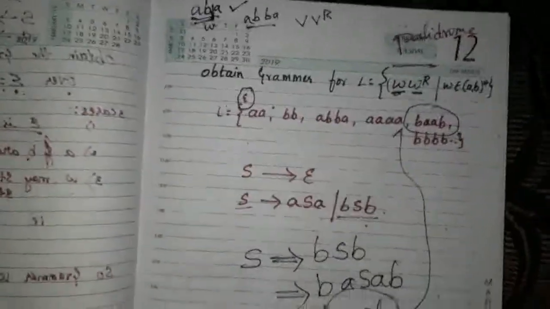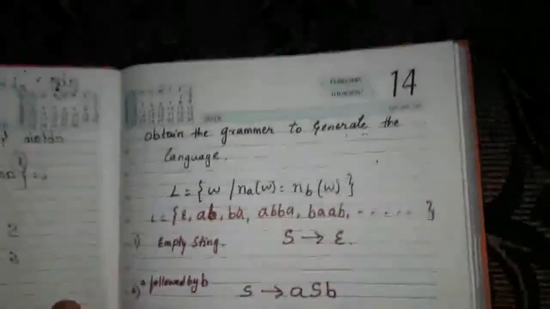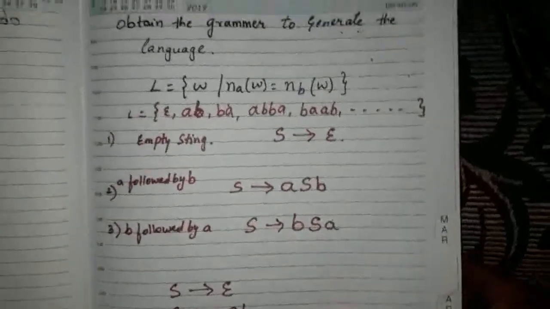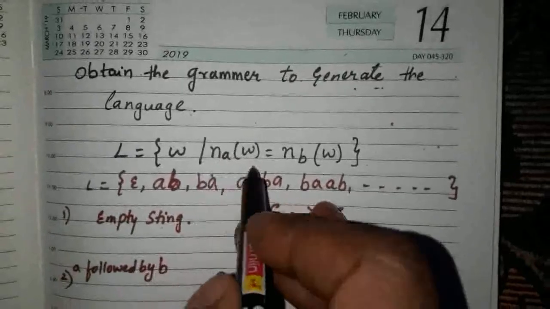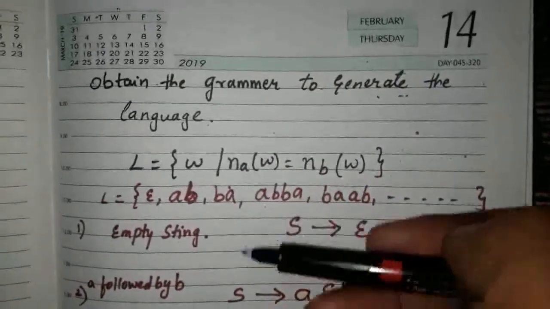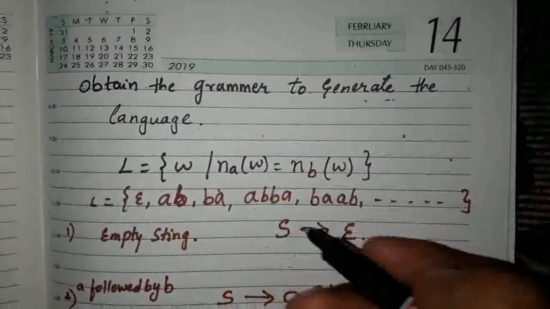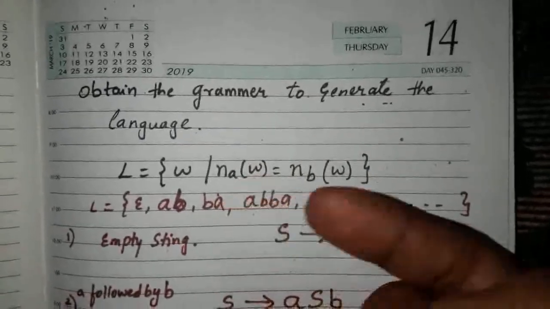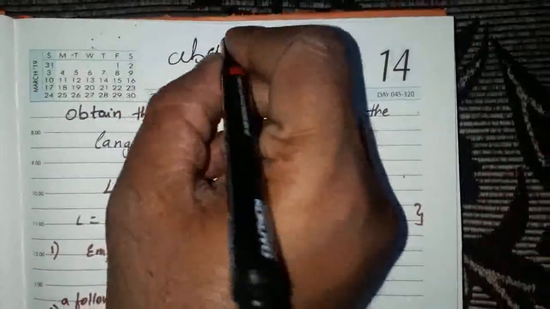So we'll go to the third type of palindrome, and this is not exactly a palindrome, but what it says is the number of A's in the string should be equal to the number of B's. Palindrome is a part of it, that's it, but this is not a palindrome exactly. For example, I'll tell you when it will not be a palindrome. It says the number of A's should be equal to the number of B's. For example, I'll write ABAB.